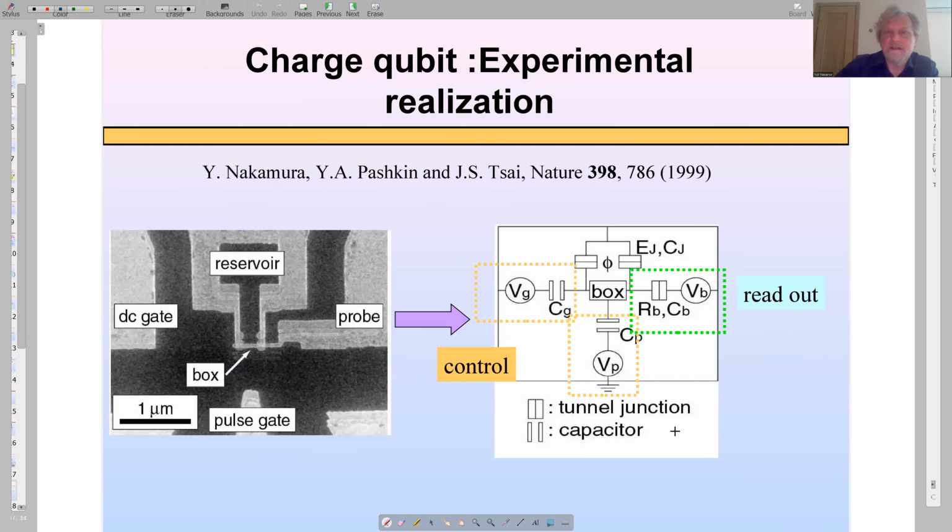And that was eventually the first Josephson qubit, which was realized now more than 20 years ago. How it has been made, let me just concentrate on a concrete experiment, on a concrete device which provides everything that we need, including the readout. So how this has been made.